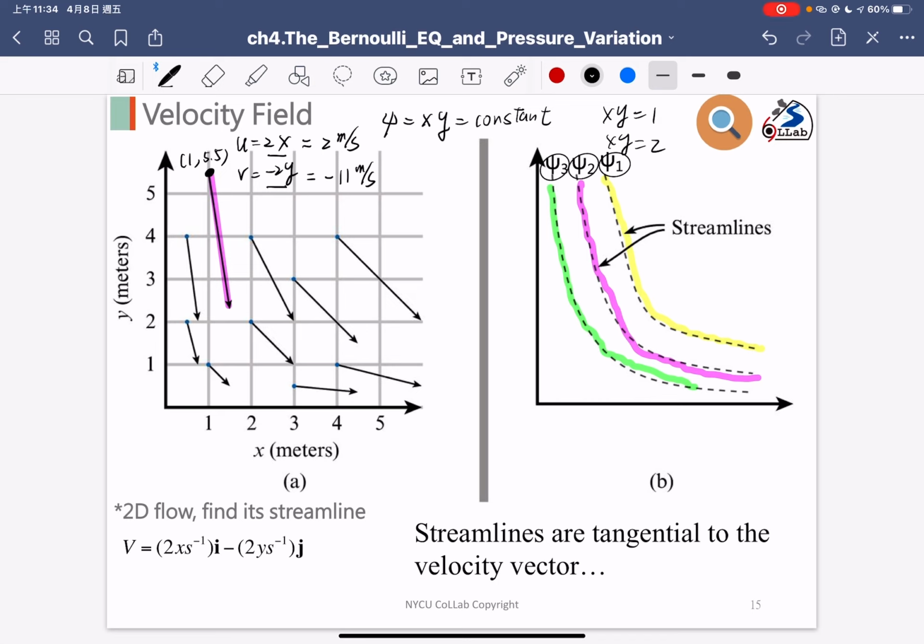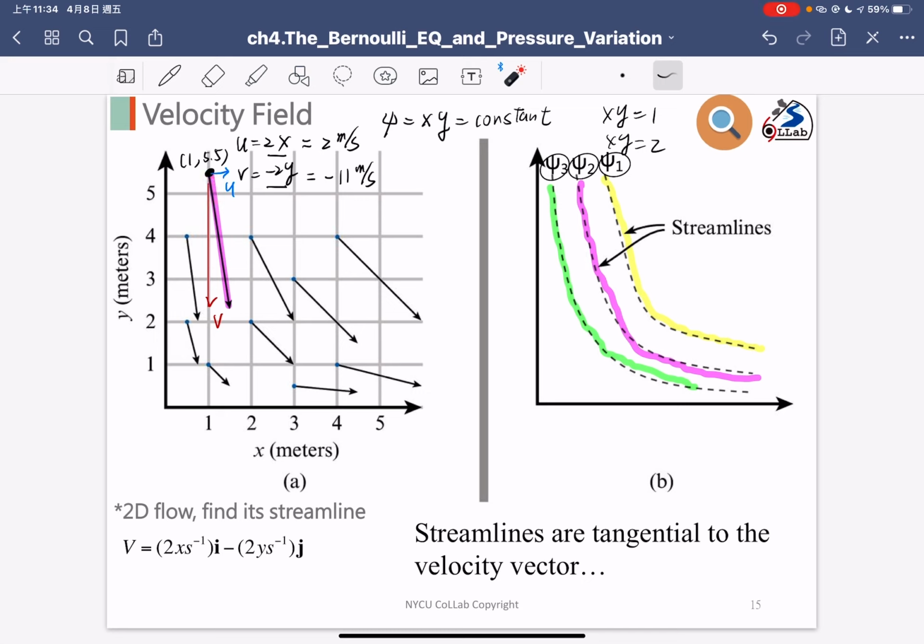So that's why this is the v vector, and this is the u vector. So that's why the velocity vector shapes like these directions.